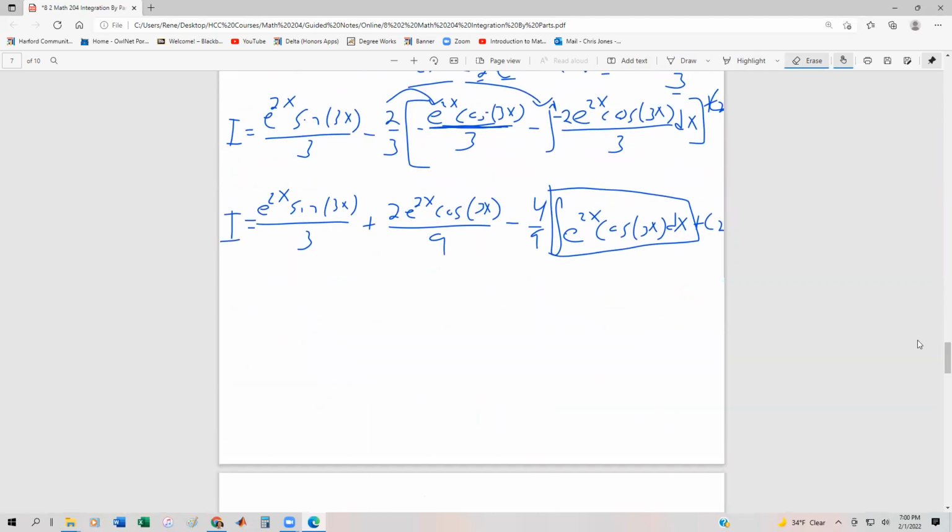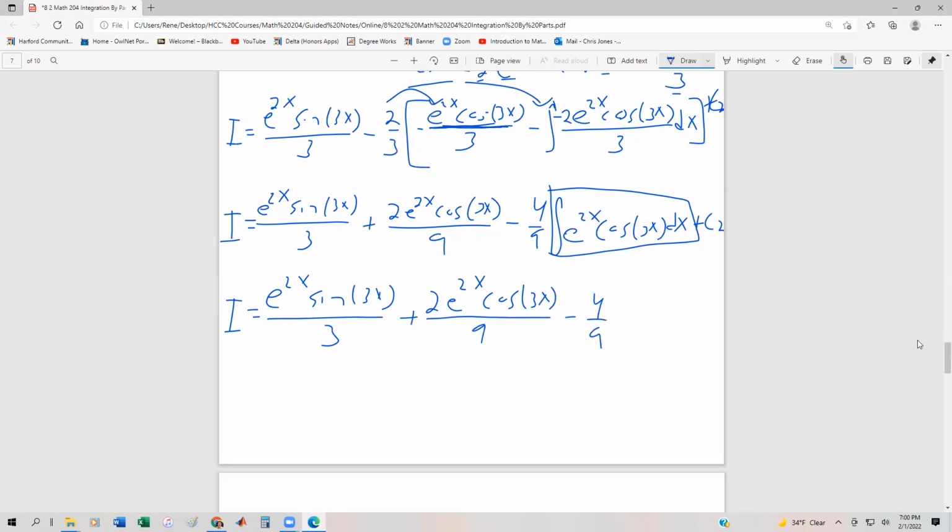So I get I, because remember that's the original integral, is equal to e to the 2x sine 3x divided by 3 plus 2e to the 2x cos 3x divided by 9 minus 4/9 I plus c2.